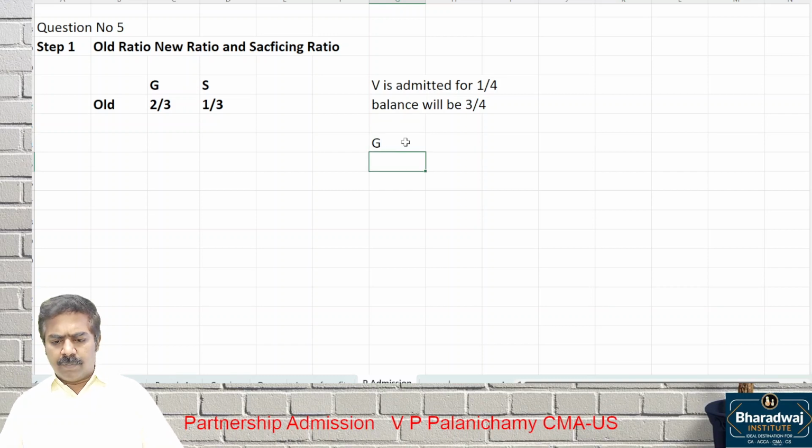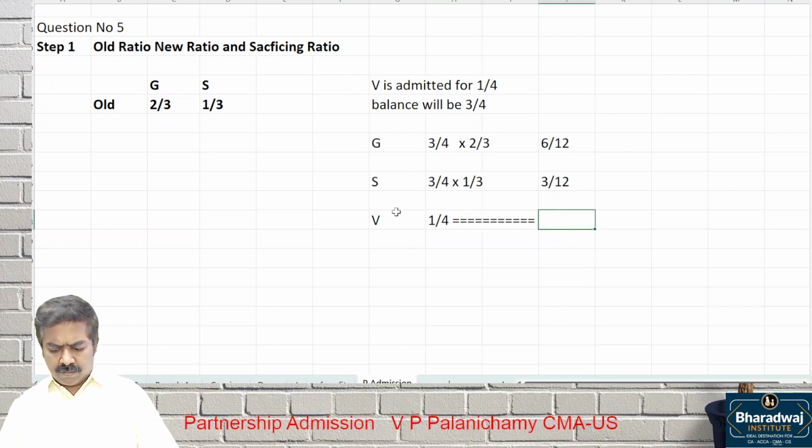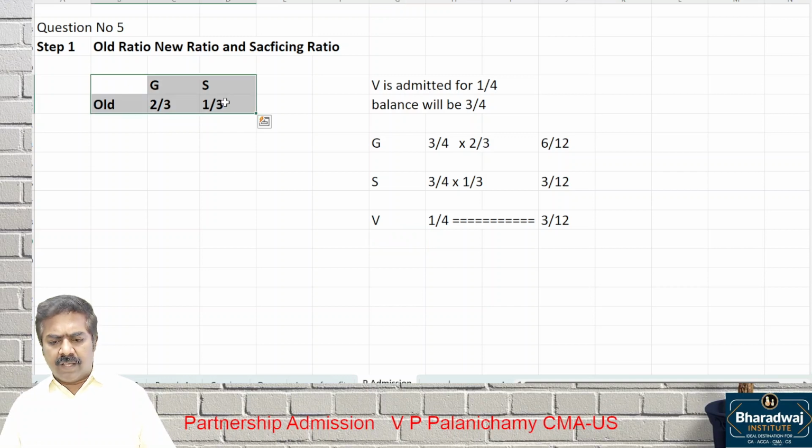The 3 by 4 will be shared by G and S in their ratio. 3 by 4 into 2 by 3. 3 by 4 into 1 by 3. B, 1 by 4 can be written as 3 by 12.